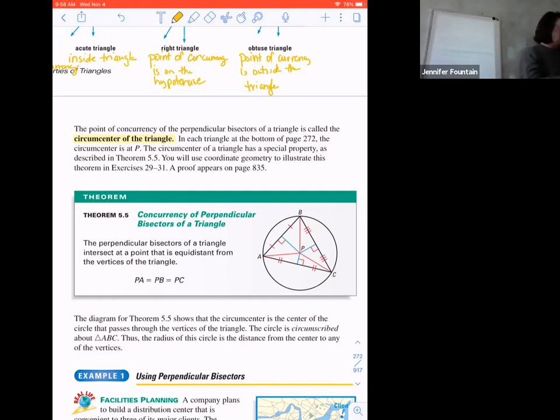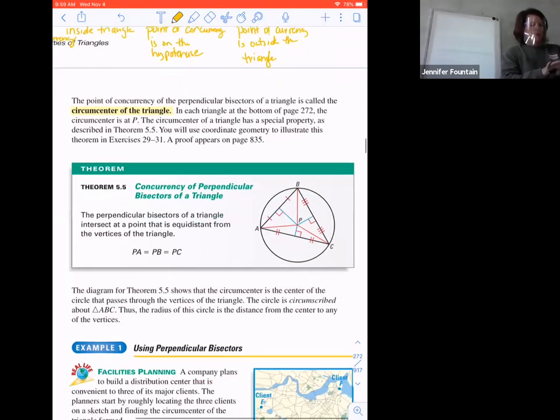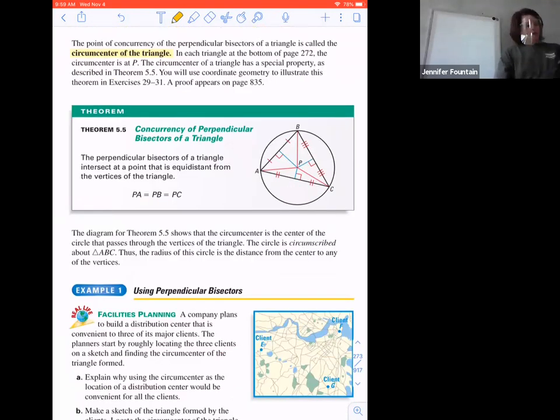in coordinate geometry to illustrate this theorem in exercises 29 through 31, and a proof appears on page 835. All right, we're not going to stress about that right now, but let's look at Theorem 5.5, concurrency of perpendicular bisectors of a triangle. Notice it says the perpendicular bisectors of a triangle intersect at a point that is equidistant from the vertices of the triangle. What are vertices?